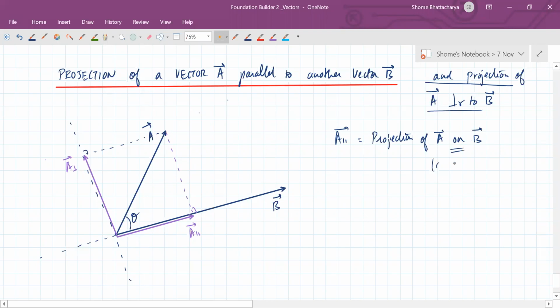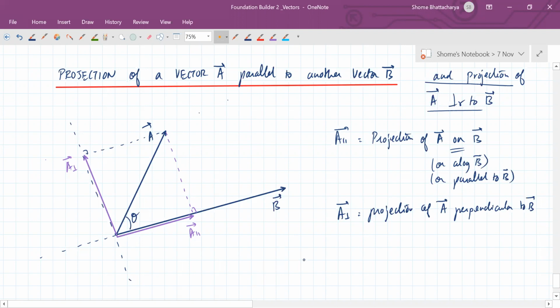So on B means the same thing as along B, or that's the same thing as parallel to B. And this one is the projection of vector A perpendicular to B.